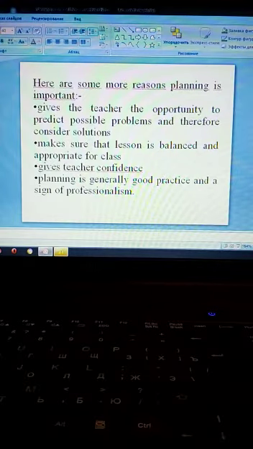Here are some more reasons planning is important. Planning gives the teacher the opportunity to predict possible problems and therefore consider solutions. Make sure that the lesson is balanced and appropriate for the class. Planning also gives the teacher confidence. Planning is generally a good practice and a sign of professionalism.